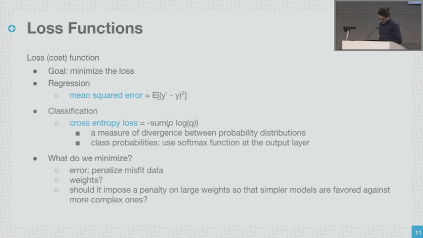So we talked about ReLU activations. So yeah, let's talk a little bit about the loss functions. Training a neural network is essentially an optimization problem, and our goal is to minimize the loss function. We've already seen an example of this in the first example, and our cost function was the squared error.